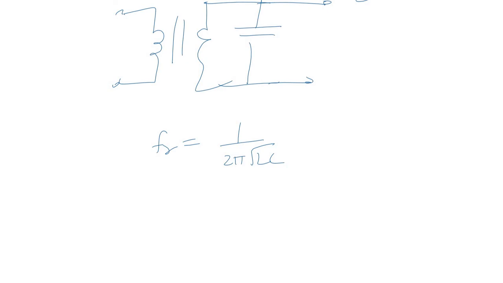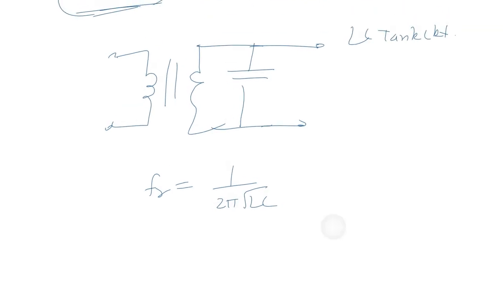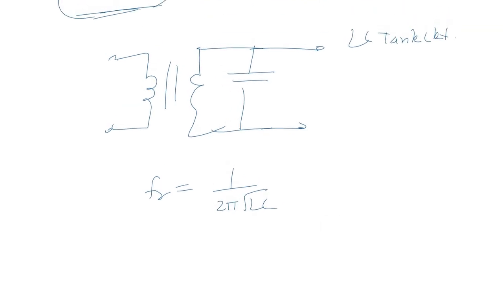For an ideal tuned amplifier, it should allow only a single frequency, that is this resonant frequency. The frequency at which the circuit is resonating should be the only allowed frequency, and it should reject all other frequencies.